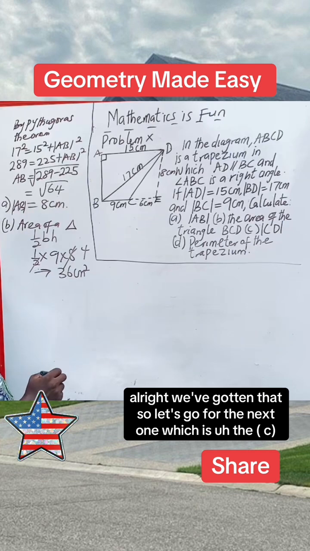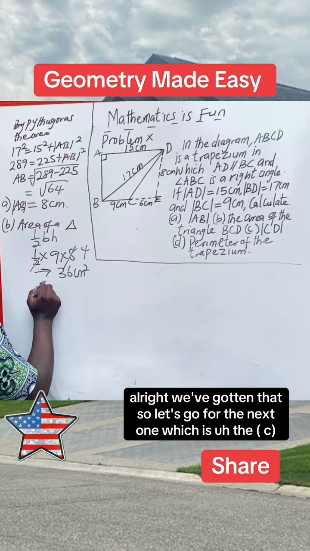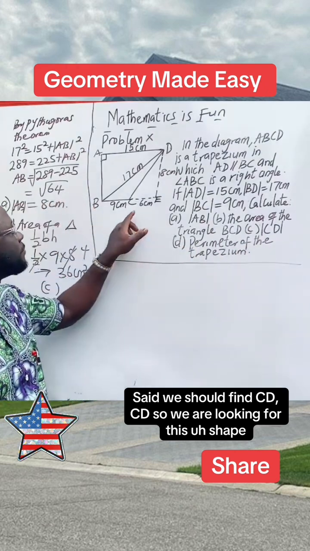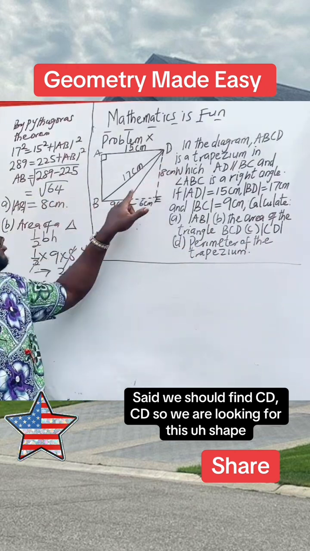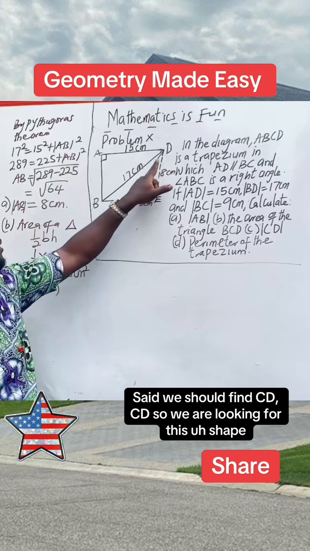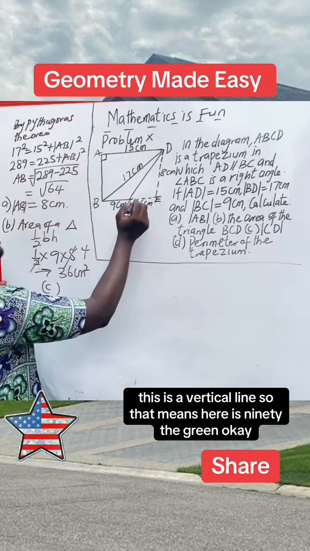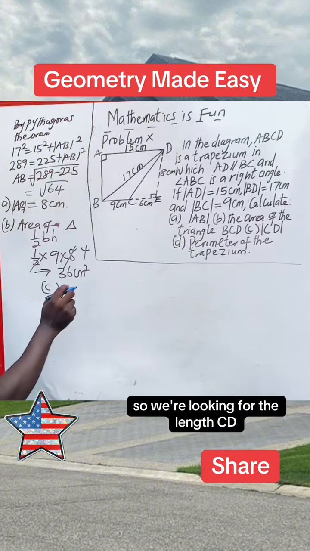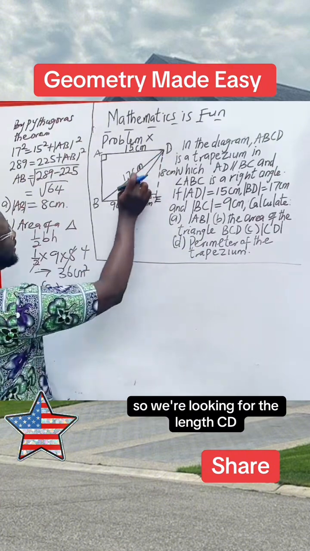So let's go for the next one, which is the C. So we should find CD. So we are looking for this side. This is a vertical line, so that means here is 90 degrees. So we're looking for the length CD.